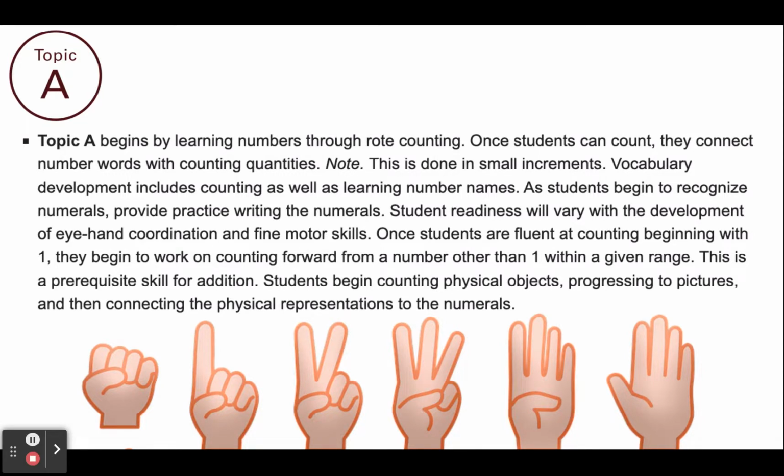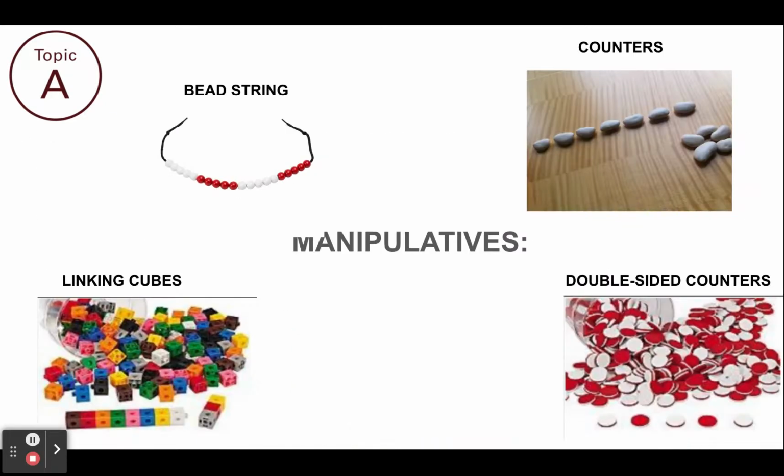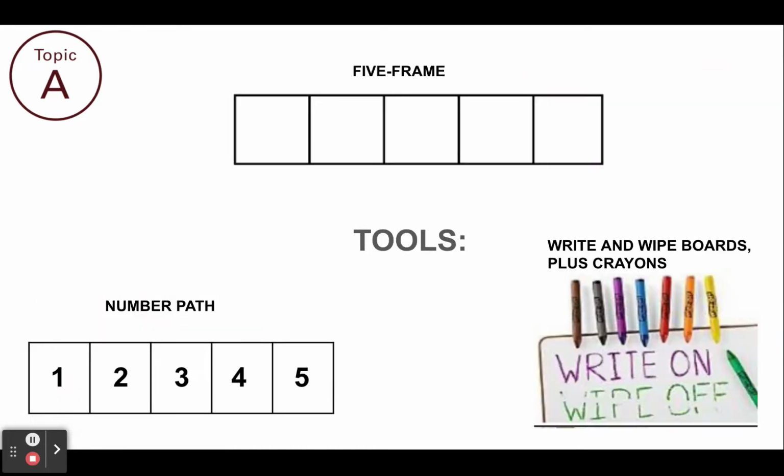Also, we really want them to be able to use their fingers without counting to show a number. The number 3 is shown by this hand, not by the numeral, right? So we want to make sure that children really have the understanding of numbers. We'll be using lots of manipulatives in this unit: bead string, linking cubes, double-sided counters, and more. And we'll be tying those as well to the tools, the 5 frame, the number path.